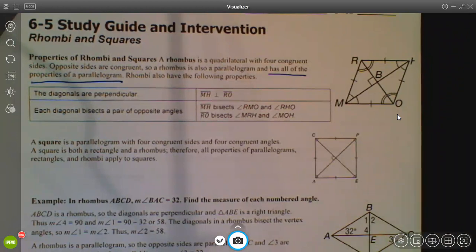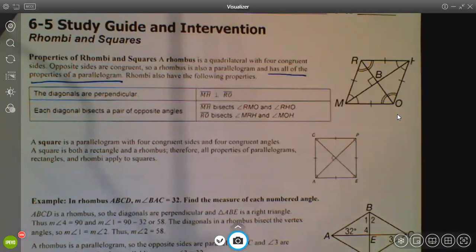All that stuff is still true. So don't forget about those things, right? If it's a rhombus, it's simply a type of parallelogram, which means all those parallelogram properties are still true. Now this one comes with a few more properties, and that's what makes it a rhombus. But all those other things that you learned about parallelograms are still true about this guy.